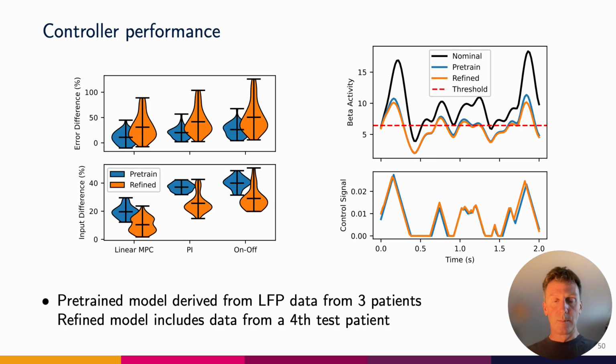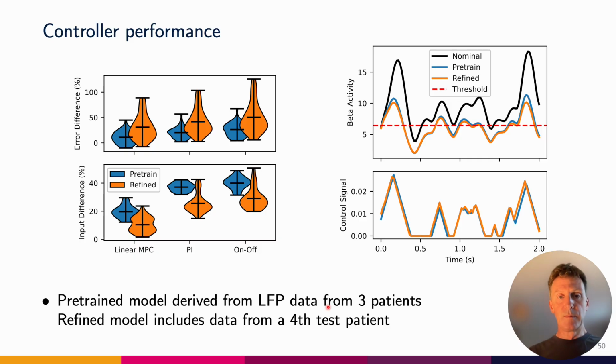This slide compares the performance of controllers which are trained in two different methods. The first method uses data from 3 patients to derive a difference of convex neural network model, which is then used in a model predictive controller applied to a 4th patient. The second method refines the pre-trained model, including data from the 4th patient.